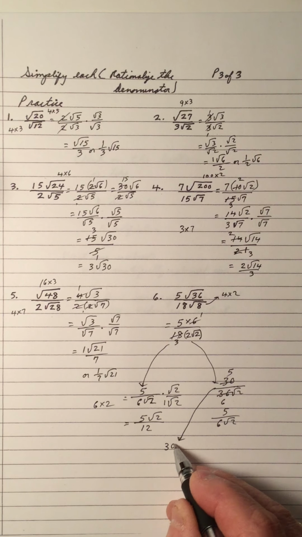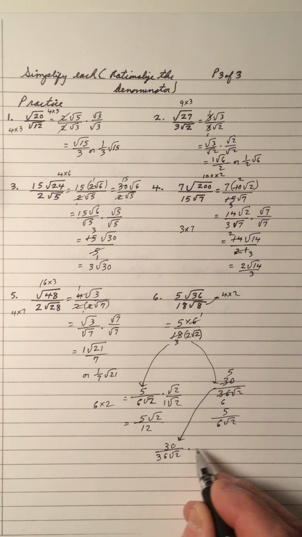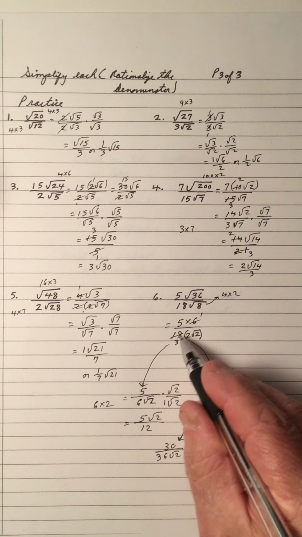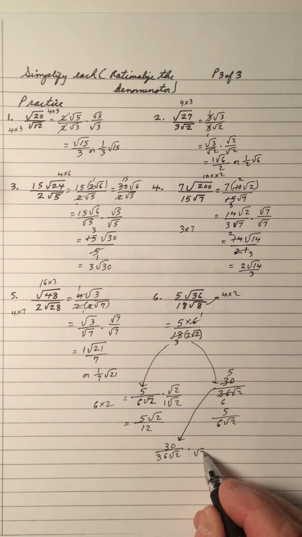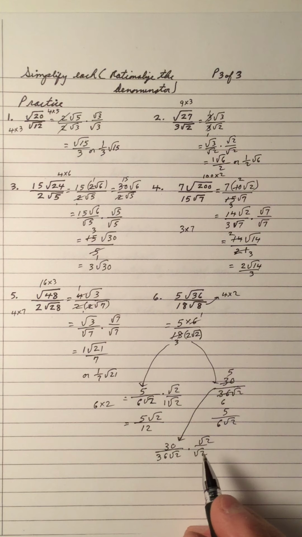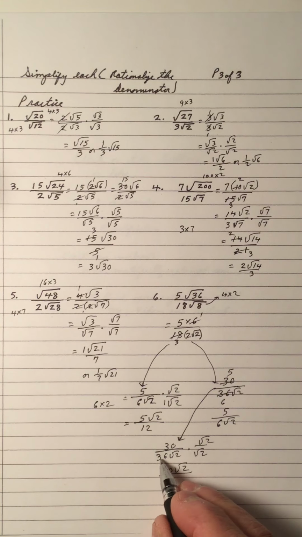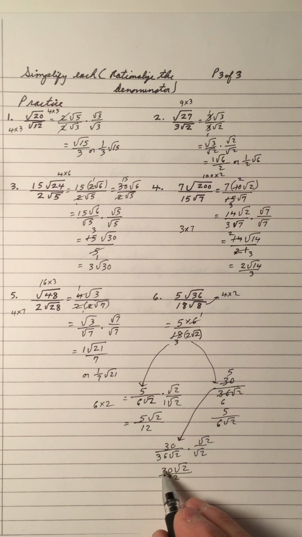I get 30, and I get 36 root 2. So I never canceled a 6. I would have to go root 2, root 2. So that gives me 30 root 2 over 36 times 2 is 72. So eventually I would have to cancel down here.